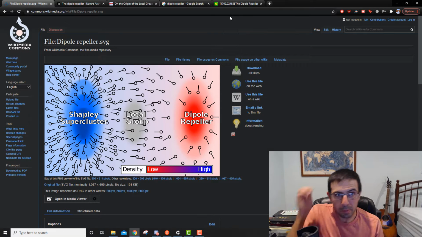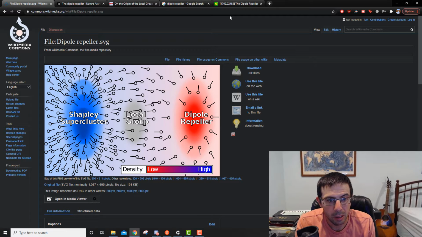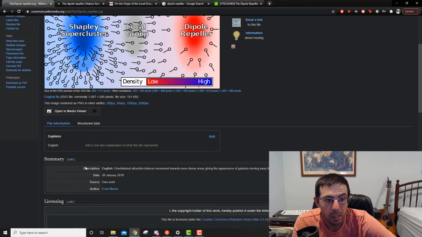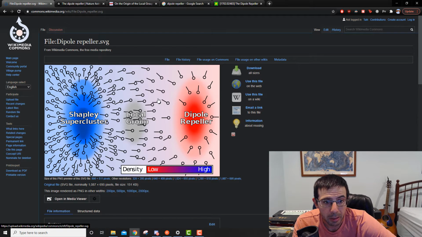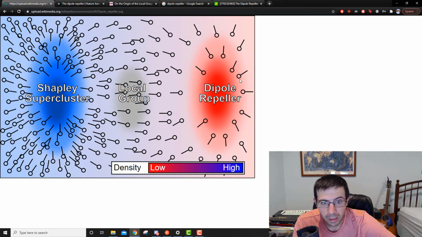For instance, this image, which is just what comes up on Wikipedia when you search for Dipole Repeller, is a Creative Commons image by Evan Mason. Thanks for making this. What we see is the Shapley supercluster, and all the galaxy motions here cover hundreds of millions of light years in terms of the region of space we're looking at.